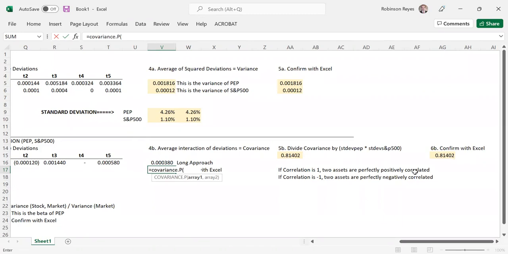Usually we must acknowledge that we are working with a sample. If we are using a sample of returns, so we are not using the population of all possible returns, or if you're looking at the statistics of a sample of a group and you're not looking at all of the individuals of a group, then you use covariance.s.